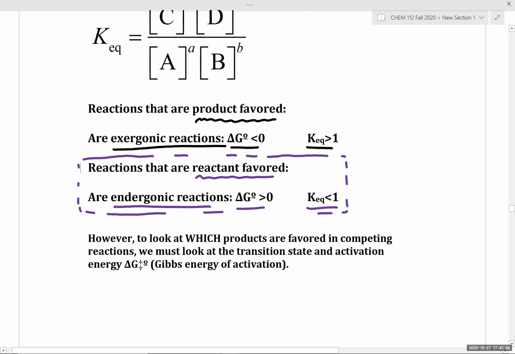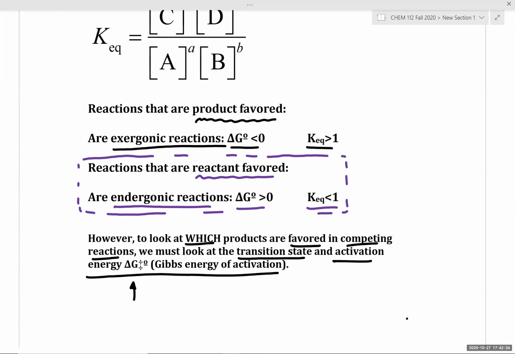However, if we're concerned, as we are in organic chemistry, with which products are favored in competing reactions, we have to look at the transition states for the different competing reaction pathways and the activation energy, which is written as the Gibbs energy of activation. This is different than your overall reaction Gibbs energy. We're looking at our different transition states, and we're now going to delve into the activation energy for different chemical reactions.